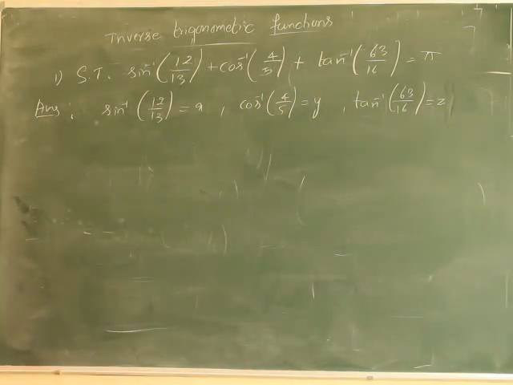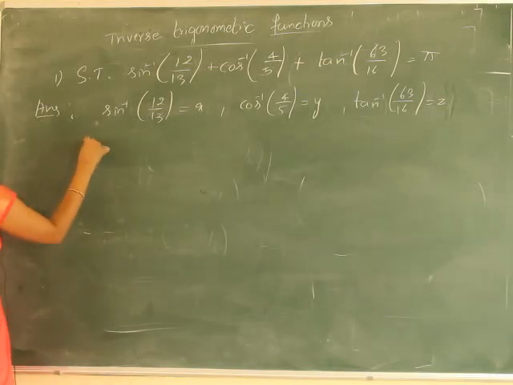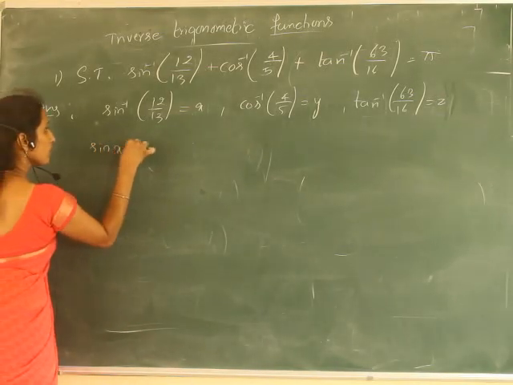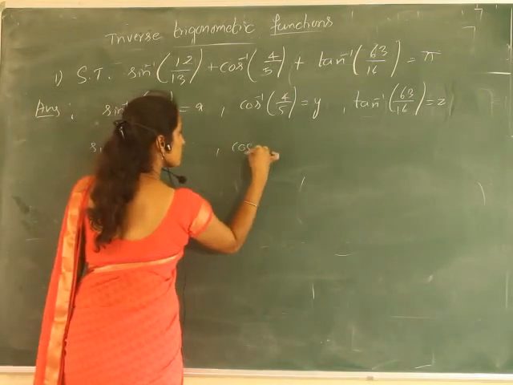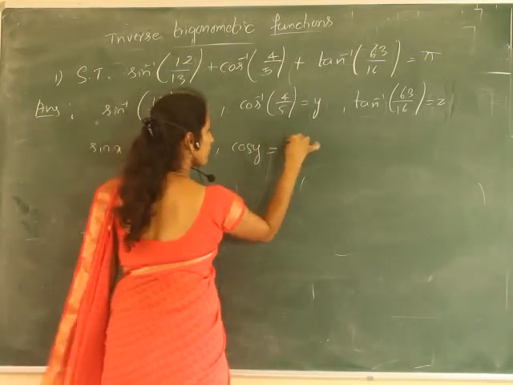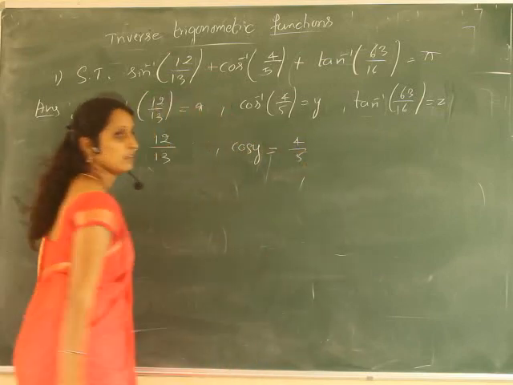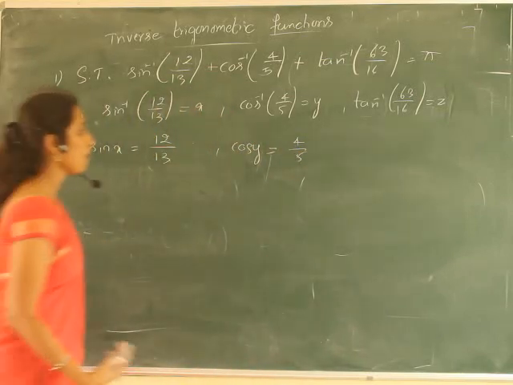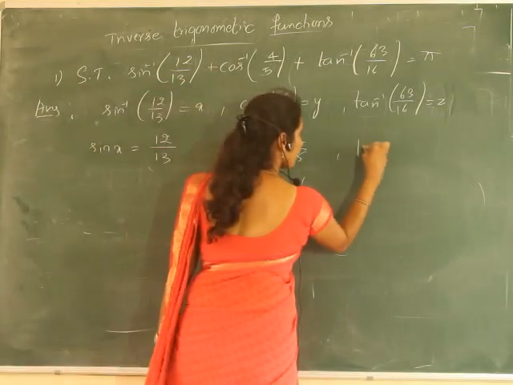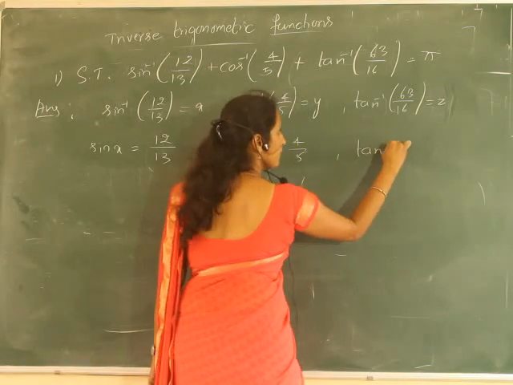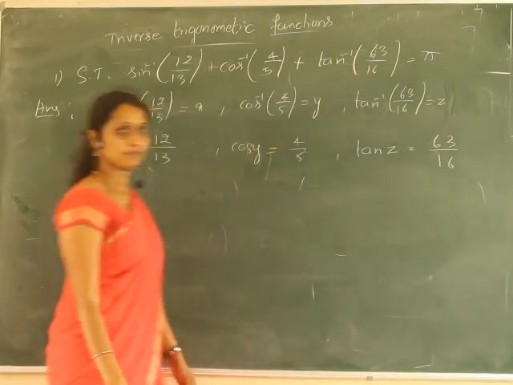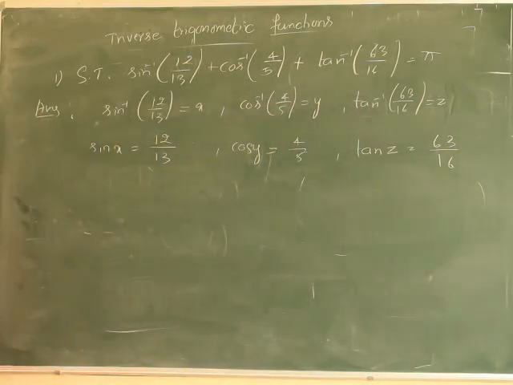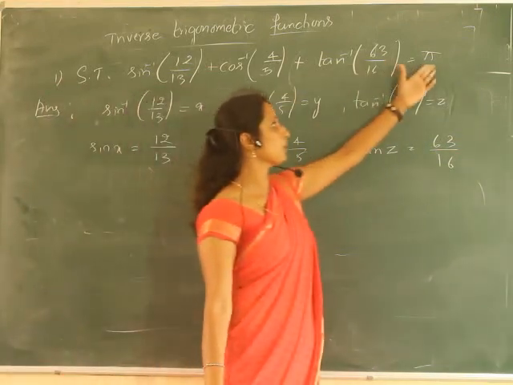So sine inverse of 12 by 13 is x, then sin x will be 12 by 13, cos y will be 4 by 5, then tan z will be 63 by 16.